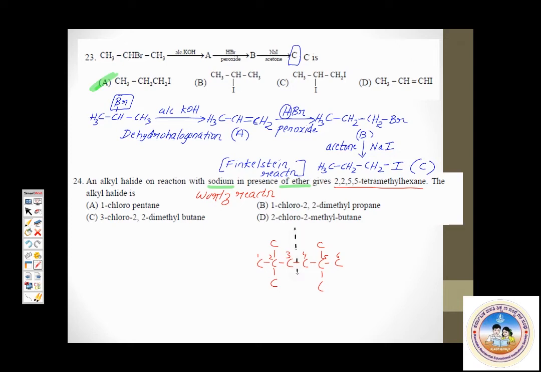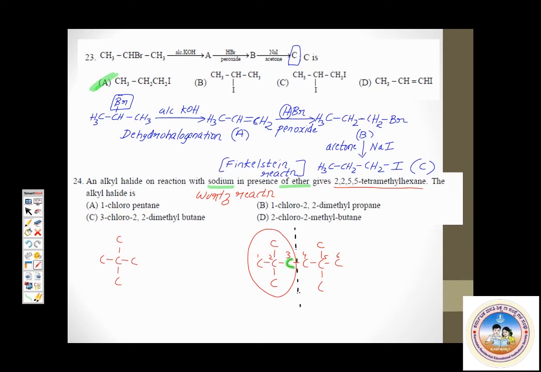Now to this I should attach halogen. Where can I attach halogen? Please focus on carbon number 3. This was the carbon by which this fragment, which I have circled, is linked to the other fragment. Carbon 3 is the point of linkage. Because carbon 3 is the point of linkage, it is to carbon 3 that you need to attach halogen. Carbon 3 should have halogen.